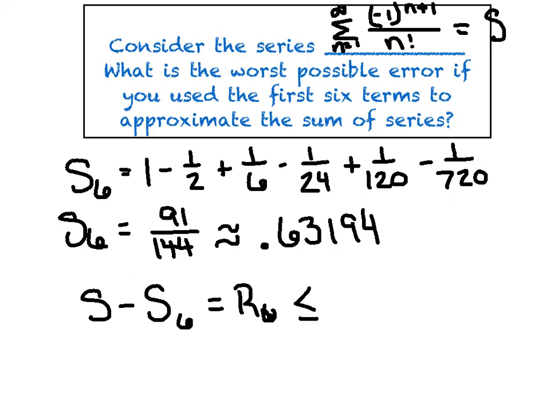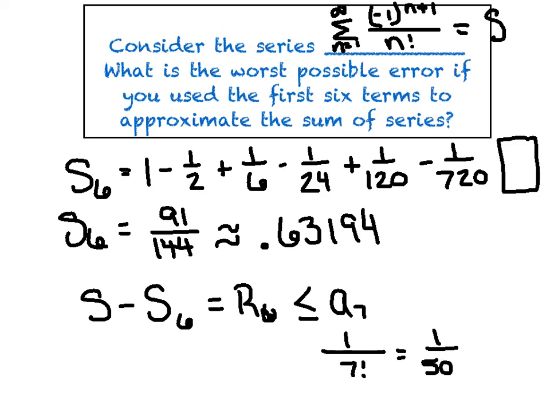The first omitted term is the one that would have gone right here, but we stopped prematurely. In this case, that would be the seventh term. The seventh term is 1 over 7 factorial, which is 1 over 5,040.